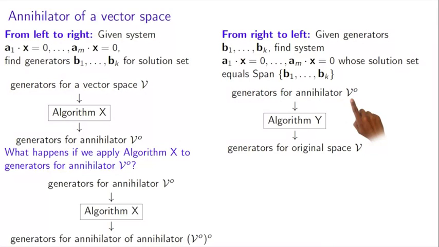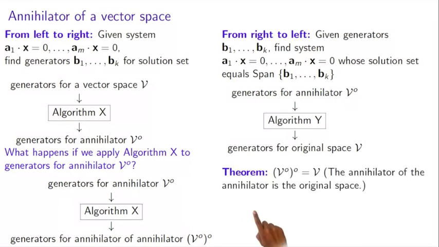Well, we know what would happen. You feed in the generators for the annihilator of big V to algorithm X, and it'll find you generators for the annihilator of the annihilator of big V. What good will that do? It turns out this is exactly what we want, since as we will show, the annihilator of the annihilator of big V equals big V itself.